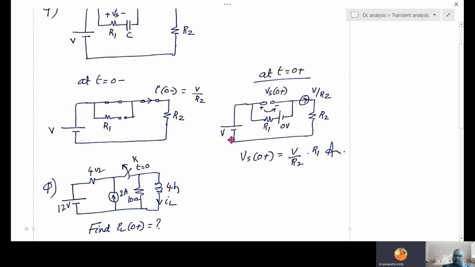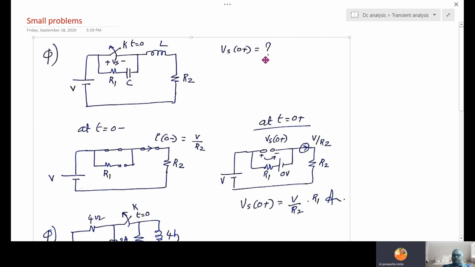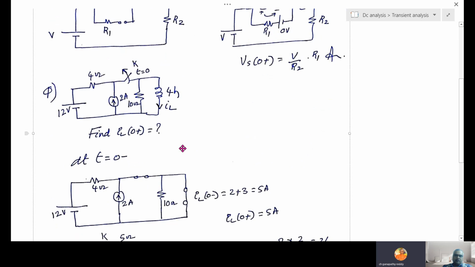So what is the current in this loop? Compulsorily V by R2. But what we want is Vs at 0 plus. So Vs at 0 plus is equal to, going from positive to negative, R1 into current. What is the current in R1? V by R2. Resistance R1. This is the answer. The question is the same, Vs at 0 plus.